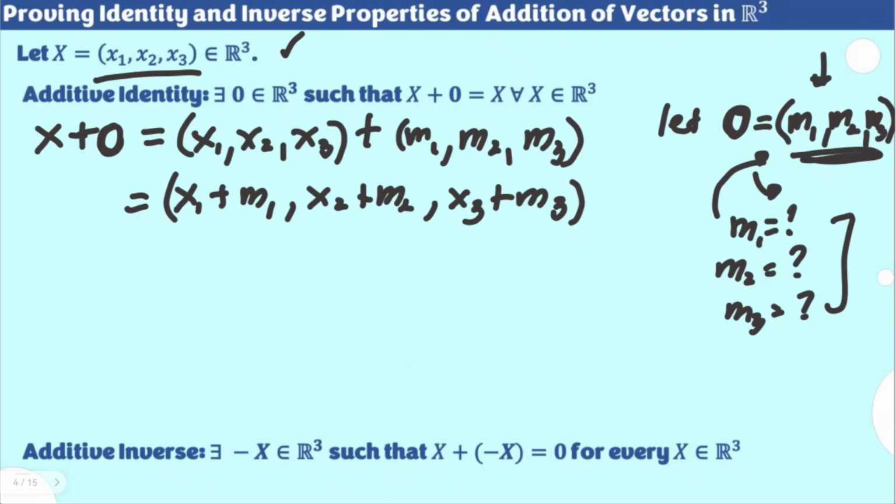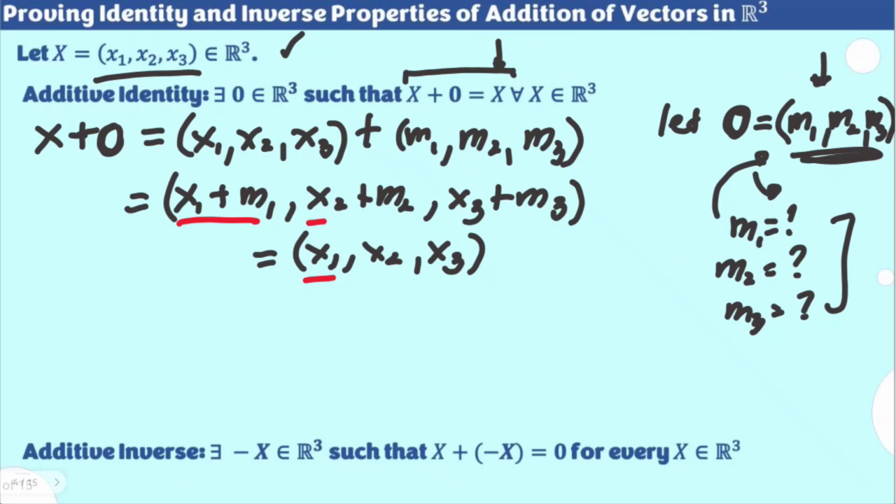Now, it should satisfy that this is actually equal to x. So this must be equivalent to x sub 1, x sub 2, and x sub 3 itself. That would mean, looking at the components, the first must equal the first, the second must equal the second, and the third must equal the third. So we need to find the value of m sub 1.